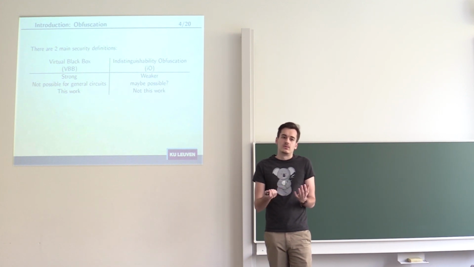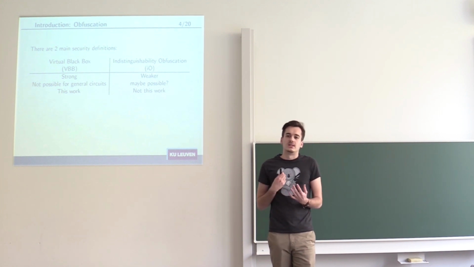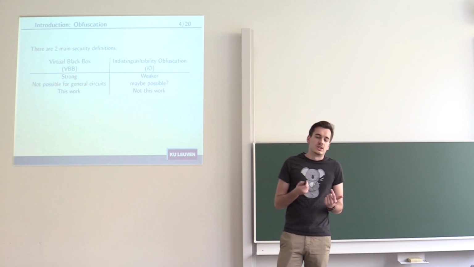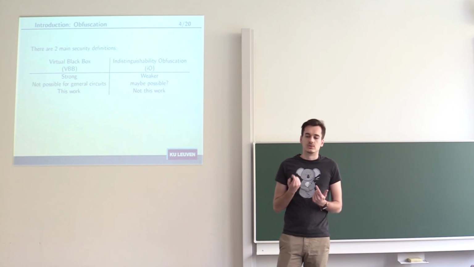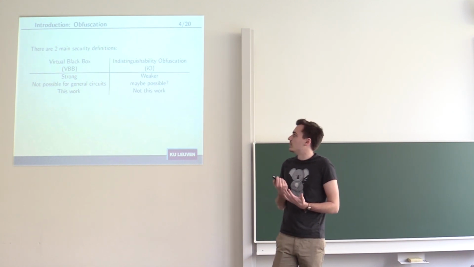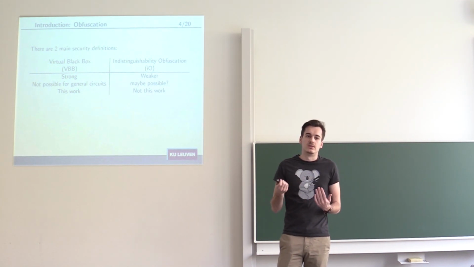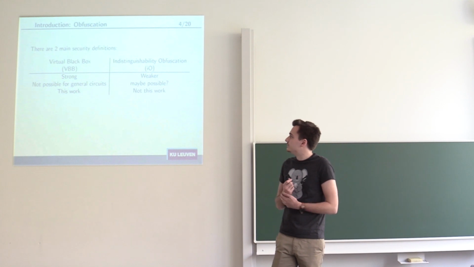You can query, given the inputs, you can get the output, but everything else is hidden. It's very strong, and in some sense it's too strong because we can show that it's not possible to build a black box obfuscator for general circuits. There are some families of functions that you just cannot obfuscate like this.